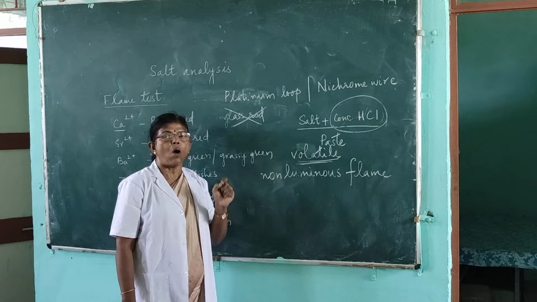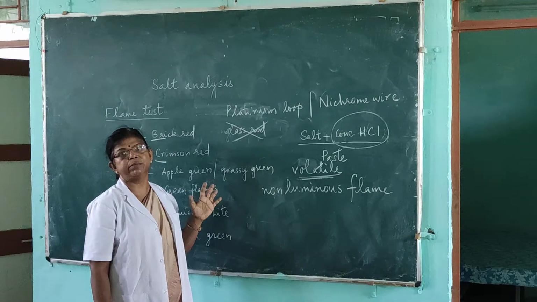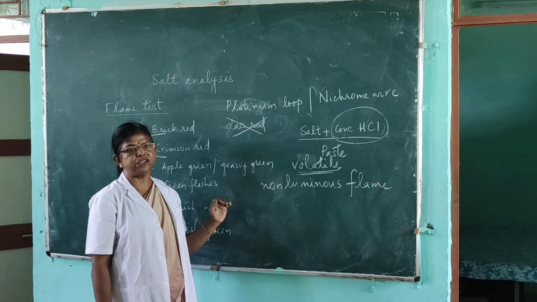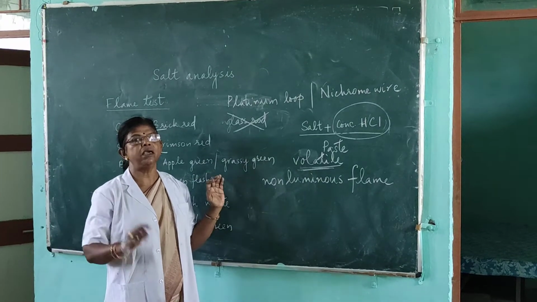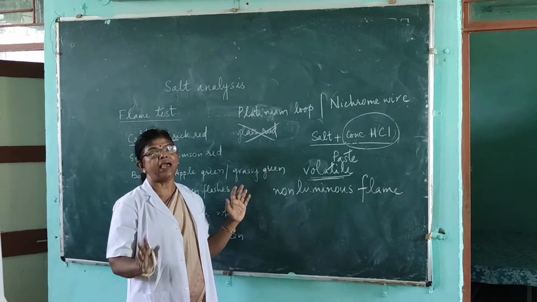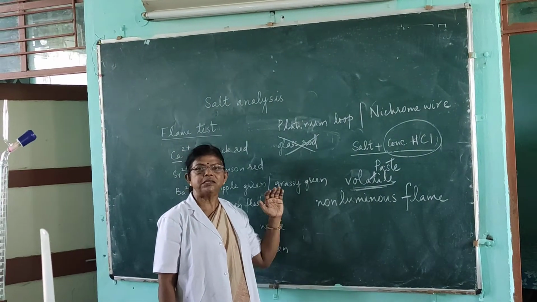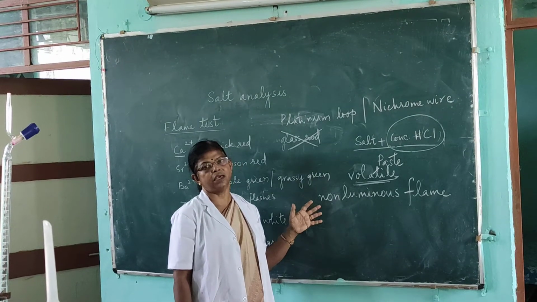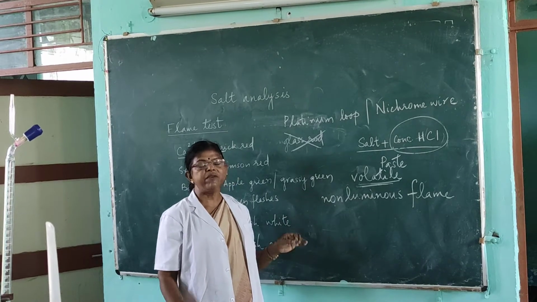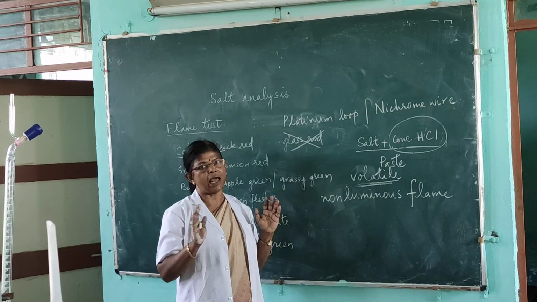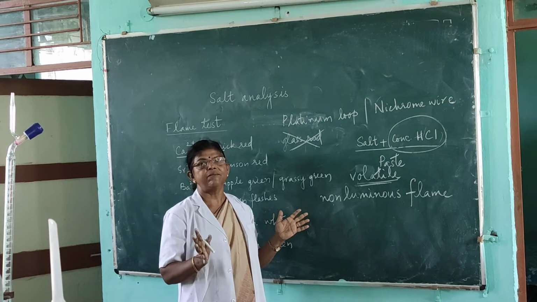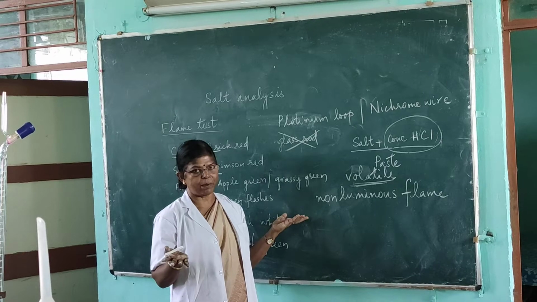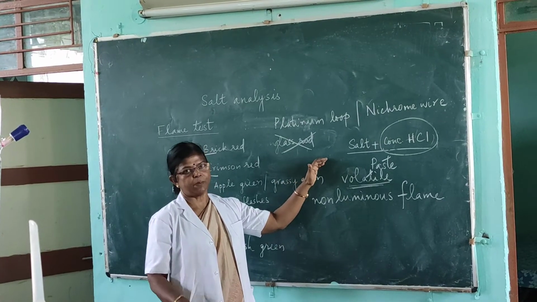Now, why do all the salts not give a flame test? Because in some cases, excitation will not happen by the Bunsen flame because of the energy variations. In some cases, the emitted radiations are not in the visible region. We can only see visible light. We cannot see infrared or ultraviolet or any other spectrum than the visible spectrum.